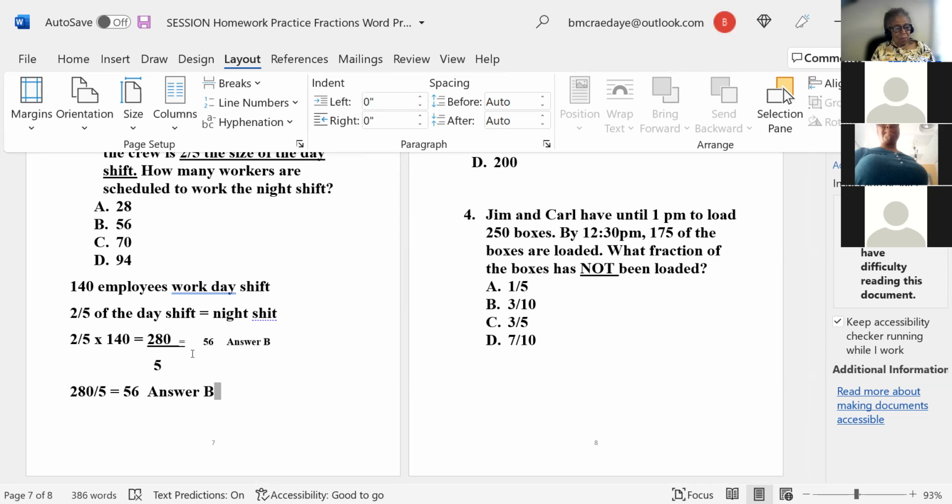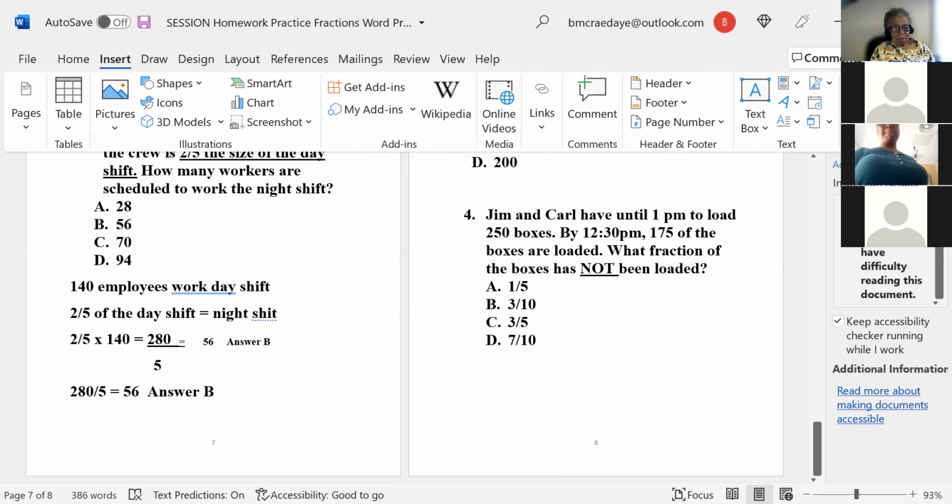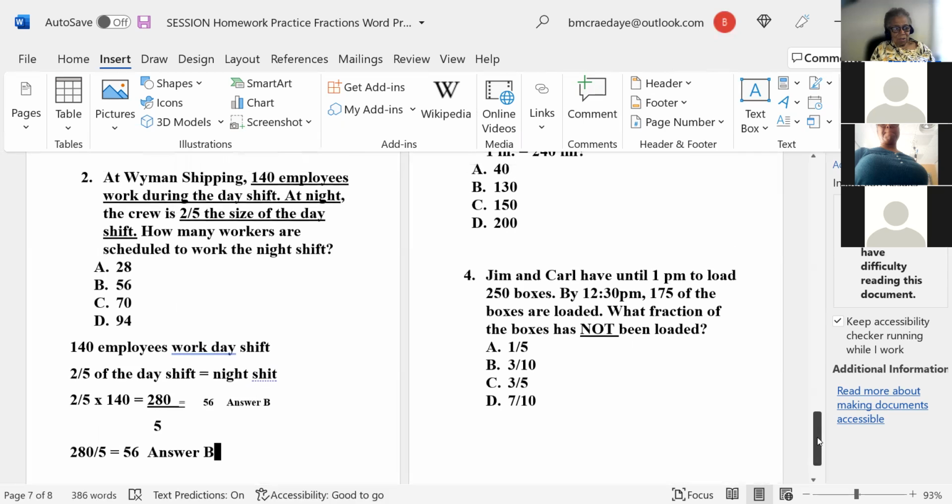What's the total number of workers, Mercedes? 140. The total number of workers? Yes, 280. No, 140. What am I saying? It says at Wayman Shipping, 140 employees work during the day shift.